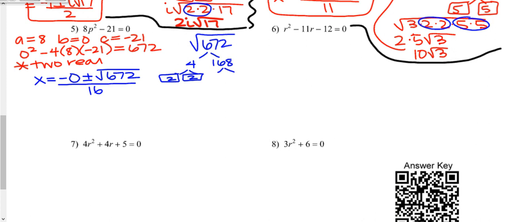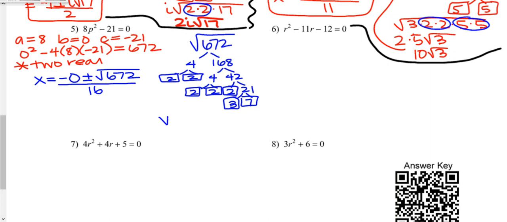And then 168 can be broken down into, let's see, 168 divided by 4, 4 and 42. Four can be broken down into 2 times 2. And then 42 can be broken down into 2 times 21. 21 can be broken down into 3 times 7. And at this point, I'm done. 3 and 7 are both prime, so I'm just going to leave it as that.